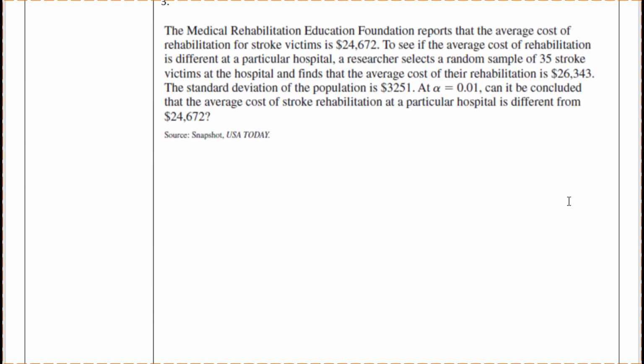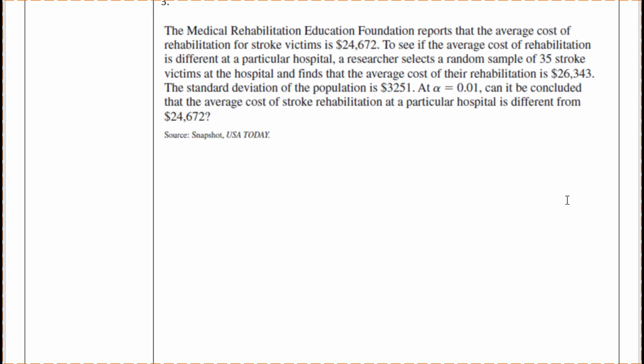All right. So we're going to go ahead and do another example here. The Medical Rehabilitation Education Foundation reports that the average cost of rehabilitation for stroke victims is $24,672. To see if the average cost of rehabilitation is different at a particular hospital, a researcher selects a random sample of 35 stroke victims at the hospital and finds that the average cost of their rehabilitation is $26,342.